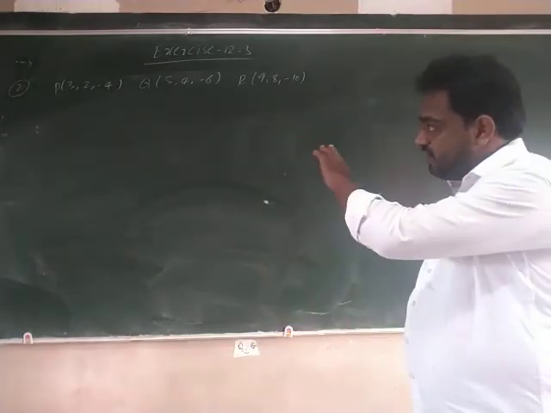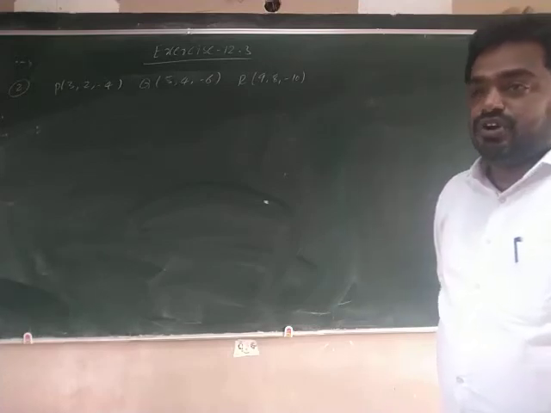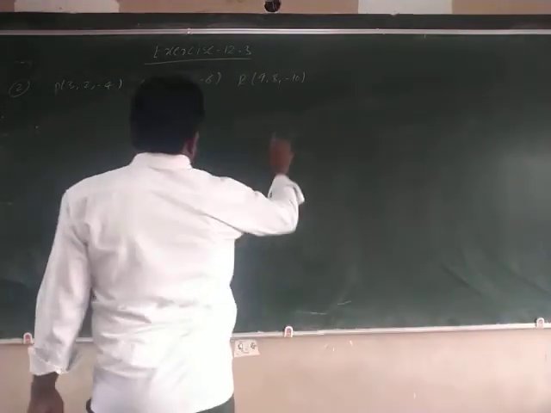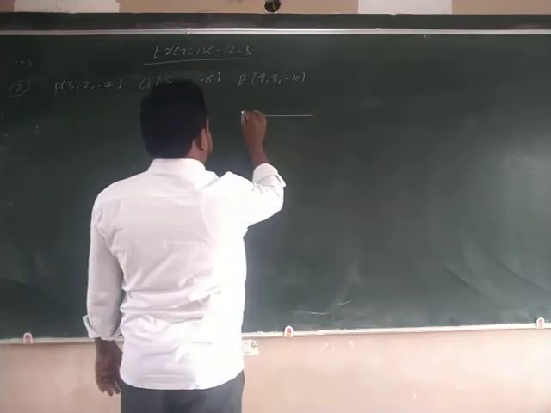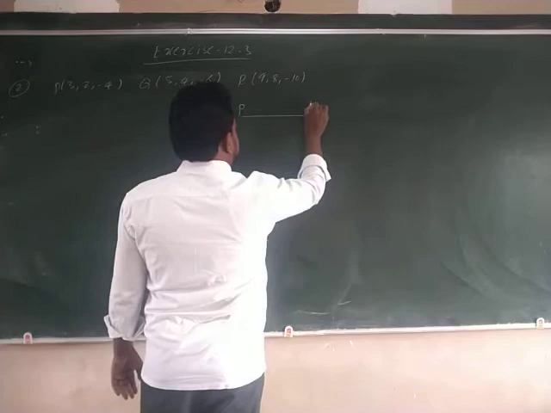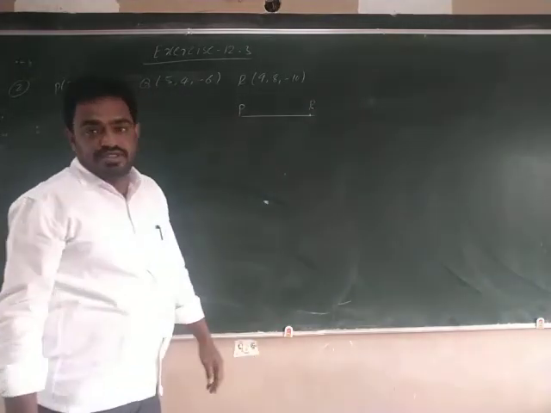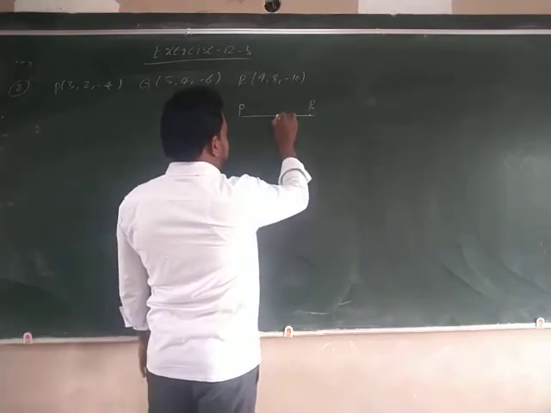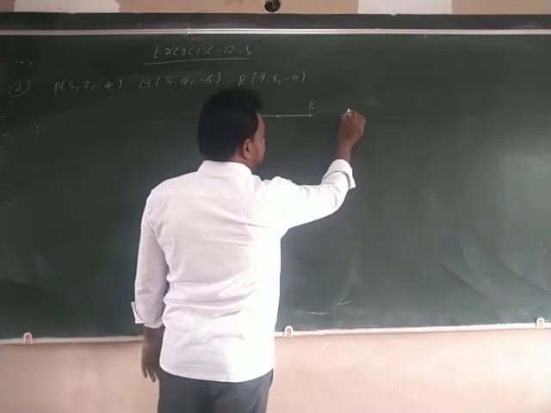Here I am proving it by a different method. You see how I am finding the dividing ratio of Q on PR. For example, PR has two points, P and R. Q may divide it internally or externally.